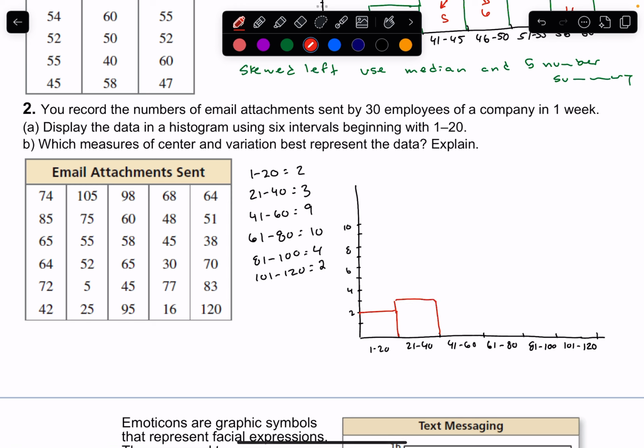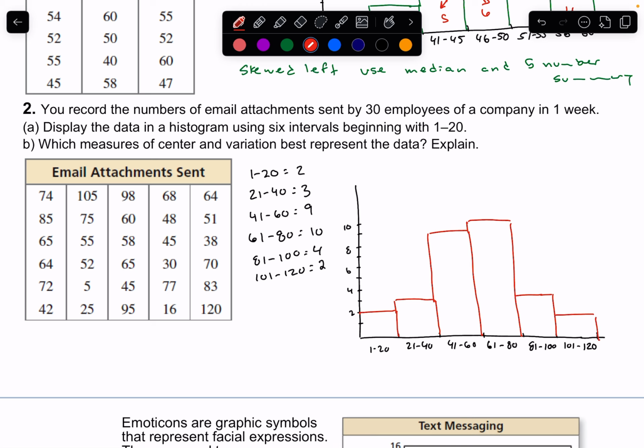There are 9 people who sent between 41 and 60 attachments. There are 10 people who sent 61 to 80. There are 4 people that sent between 81 and 100, and then 2 people that did 101 to 120.